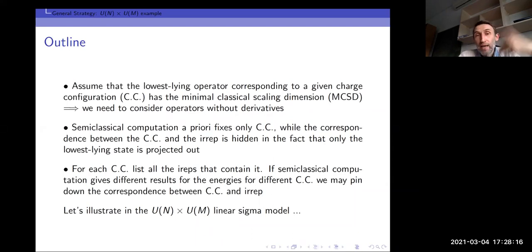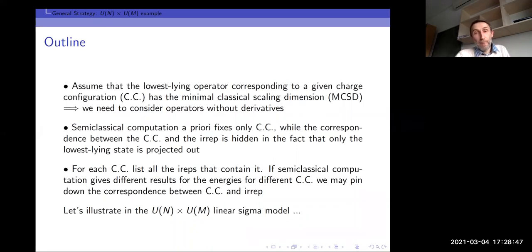Second, it's natural in the semiclassical computation I've done so far to fix the charge configuration, and it's not a priori obvious how it corresponds to the irreducible representation of the underlying operator. Somehow this is hidden in the fact that only the lowest-lying state is projected out. This was a bit overlooked in the literature, I think, and we made some progress in this direction.